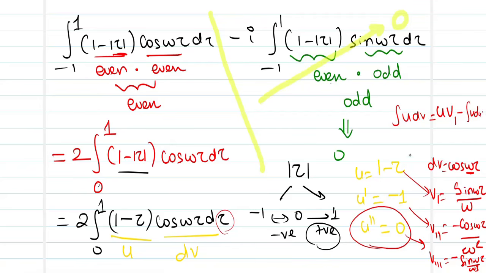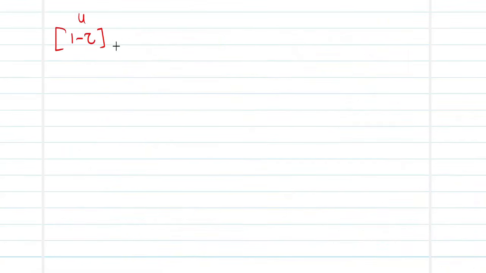So you first take this u and v1. We will have to integrate this dv. On integration, this will give me sine omega tau divided by omega. The second term will automatically be negative because I know the formula contains alternately positive and negative values.